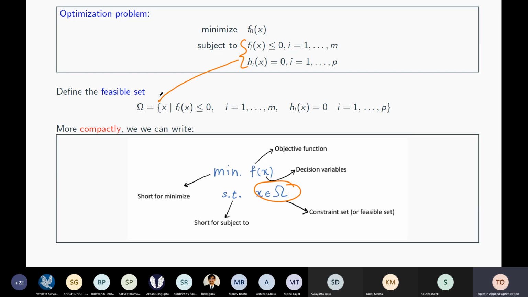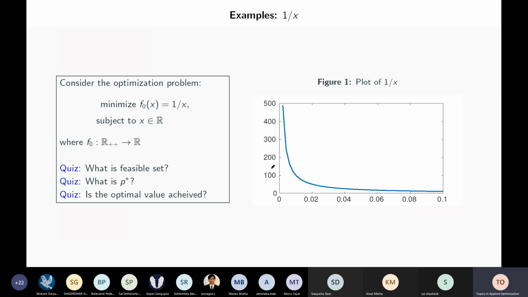I can hide all these constraints in a nice set, and that takes care of satisfying all of them. Then I can write it in a very compact form such that x belongs to omega. So x belongs to omega means that x must satisfy the inequality constraints and the equality constraints. This is a very short form, where minimize can be written as min, and subject to can be written as s.t. Here f is the objective and x is sometimes called the decision variable. So this is the short form notation of an optimization problem.